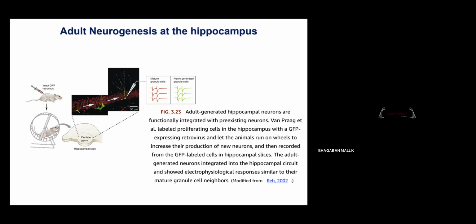Since the mouse learned certain tasks, we want to see whether neurons are generated also. It has been seen that neurons are formed because these are GFP labeled, and those neurons show physiological properties similar to granule cells. So that means neurogenesis happens in adults, and these cells show properties similar to progenitor cells.